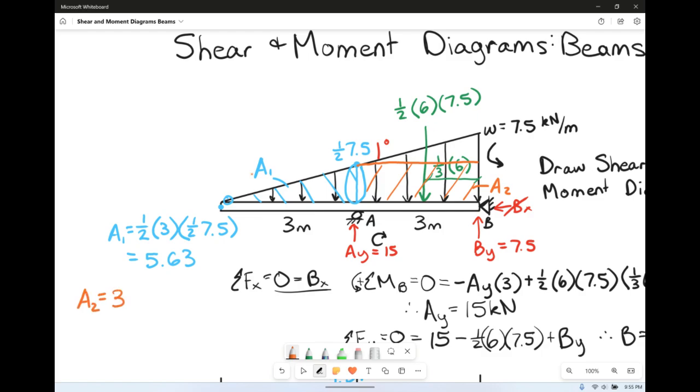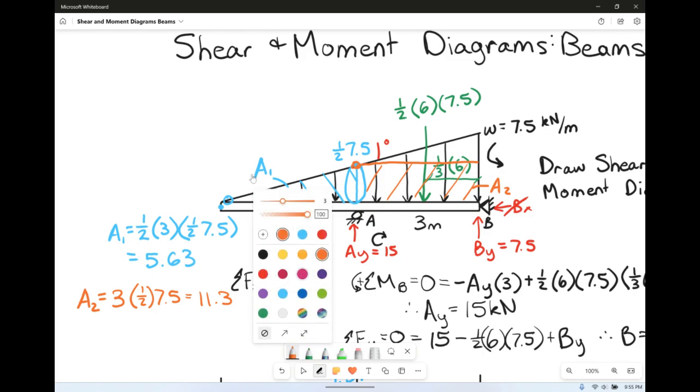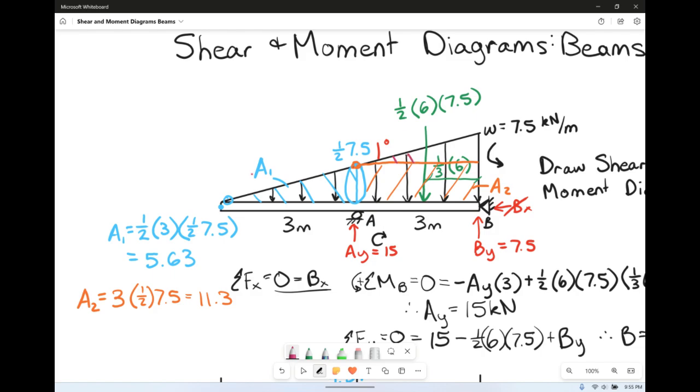The height is the same height over here, so half of 7.5. That's A2, so that's going to equal 11.3. Then we've also got this area of the triangle over here.